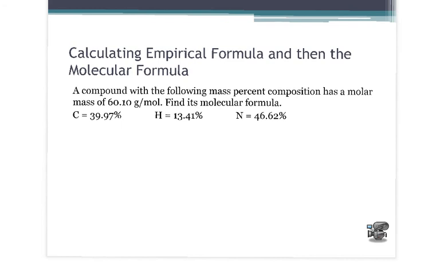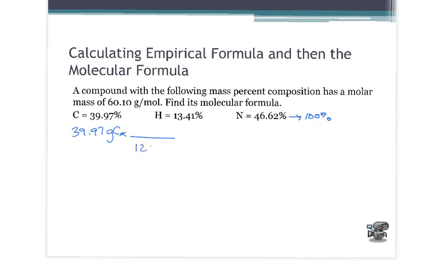We have to convert our grams into moles. And since all of these add up to 100%, we will assume that there's 39.97 grams for every 100 gram sample that we have of the whole compound.